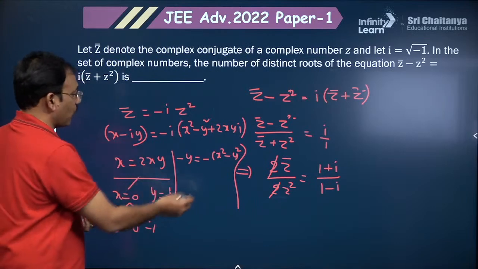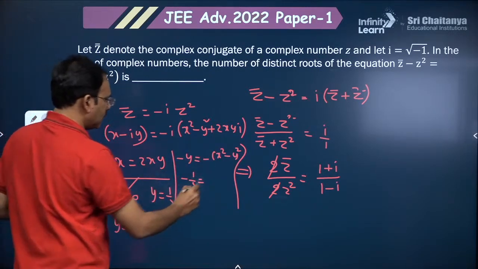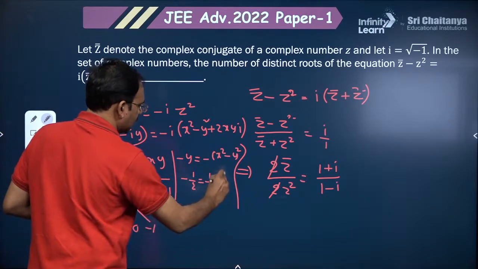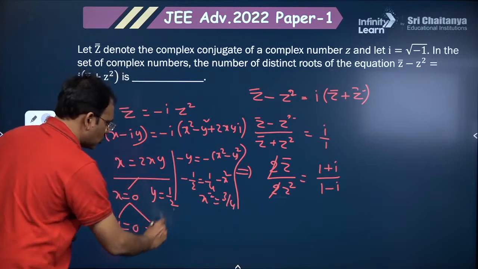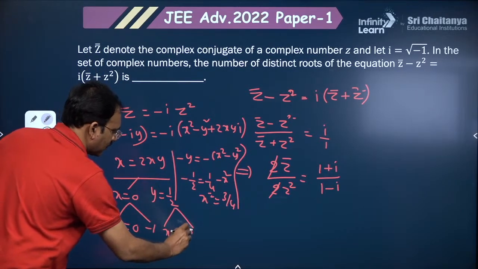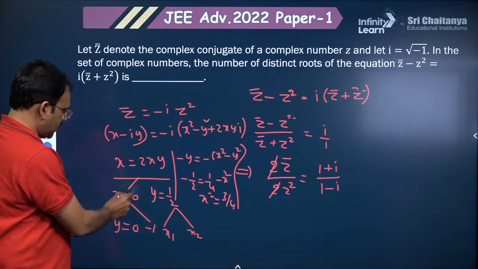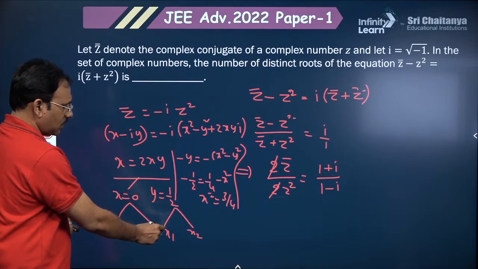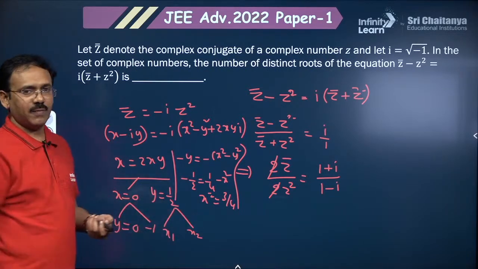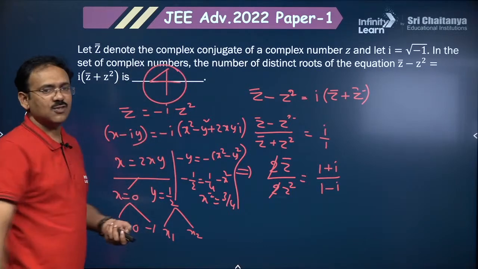If y is 1 by 2, from this you see minus 1 by 2 is equal to y square, 1 by 4 minus x square is equal to 3 by 4. x has two possibilities here, plus or minus root 3 by 2. So there are 4 solutions: (0, 0), (0, minus 1), (root 3 by 2, 1 by 2), (minus root 3 by 2, 1 by 2). So the number of distinct solutions is going to be 4.